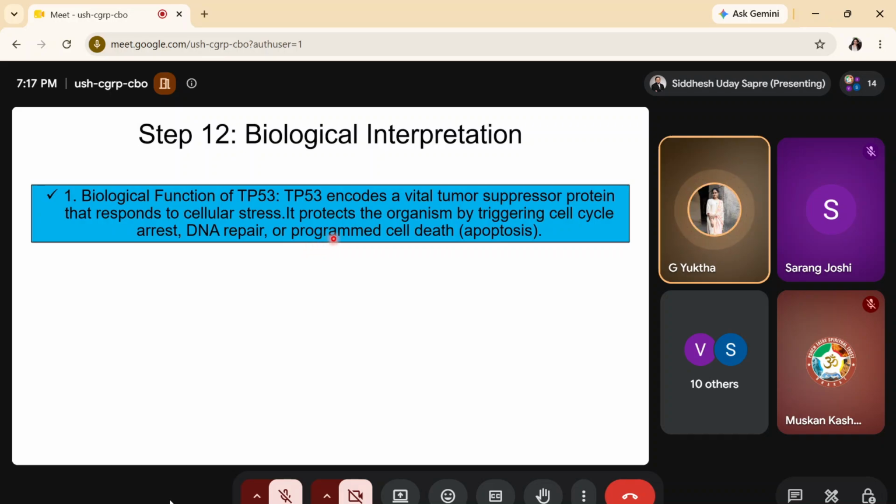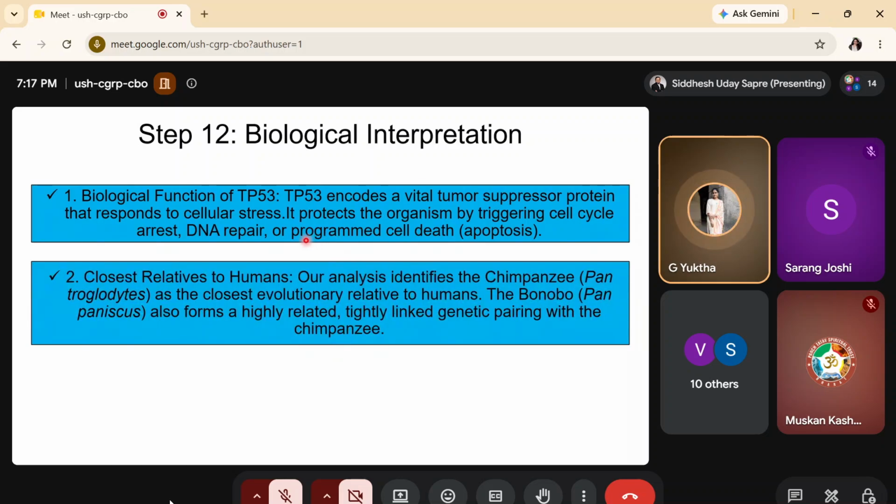The second point was about the closest relatives to humans. Through the phylogenetic analysis, we found that chimpanzees showed the closest evolutionary relationship with humans.